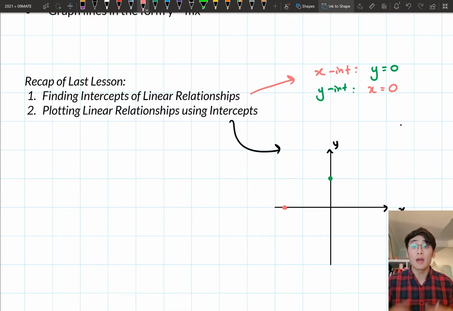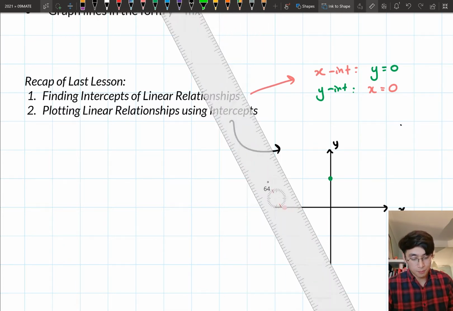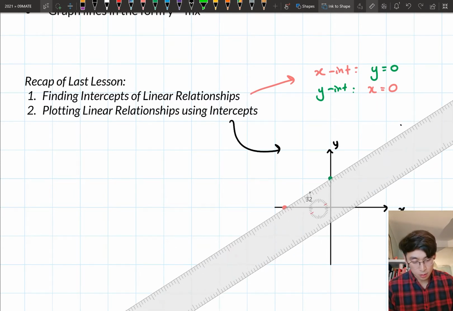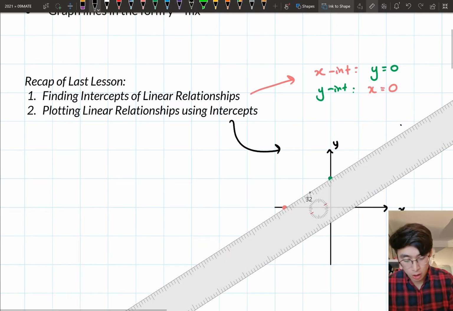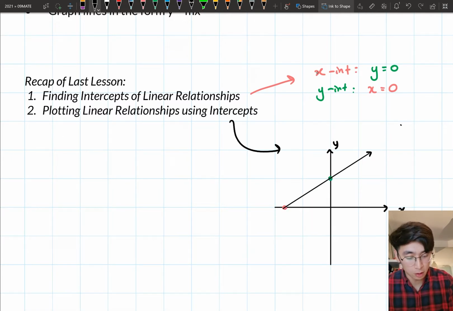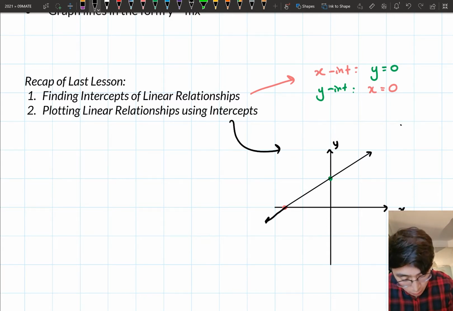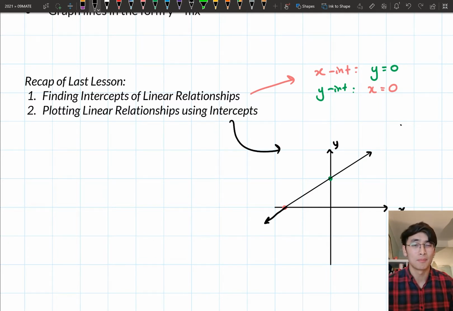Once I've done that, I can just draw a straight line through the two of them, and then we've drawn our linear relationship. We found that this method is a lot quicker than drawing it by using a table of values.